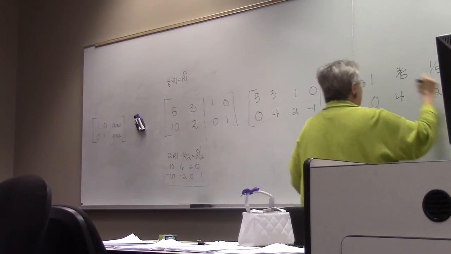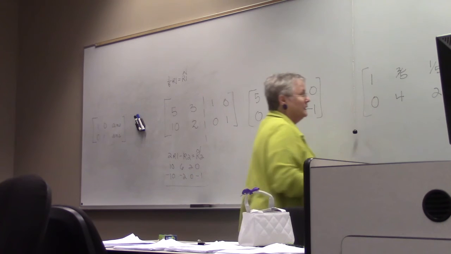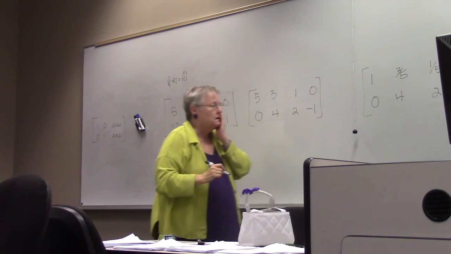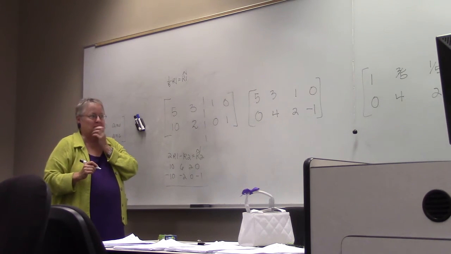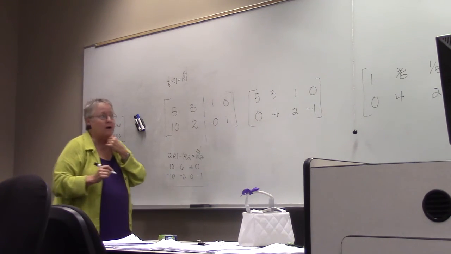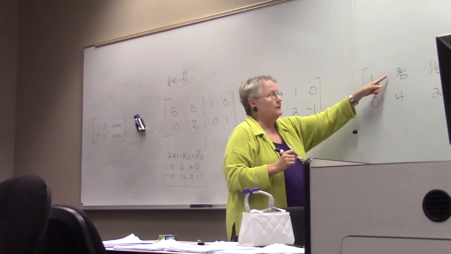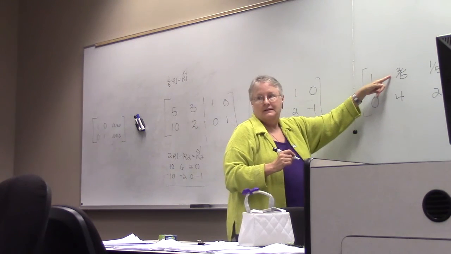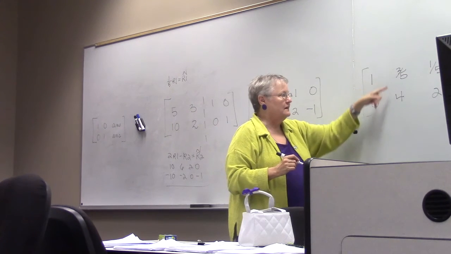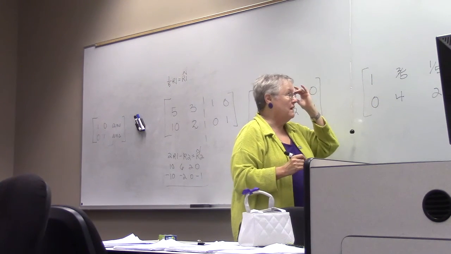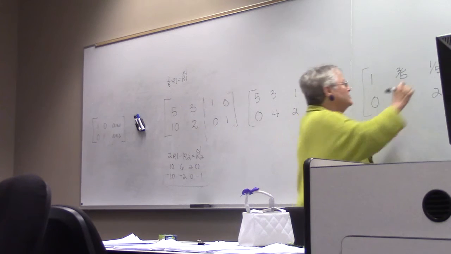Okay, now this one's a hard one. It's not at all obvious. Row 2 divided by 4? Row 2 multiplied by 0? No. Row 2 divided by 5? Not quite. Let's look at this as an algebra problem.